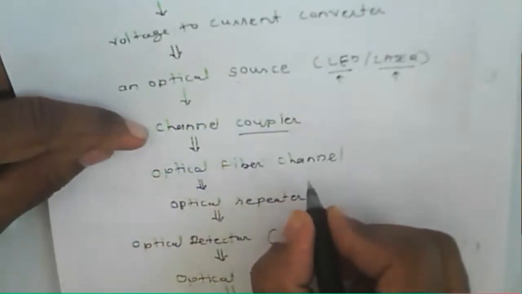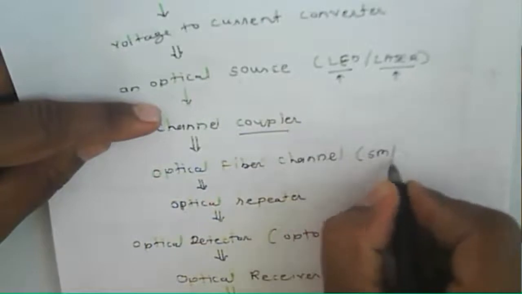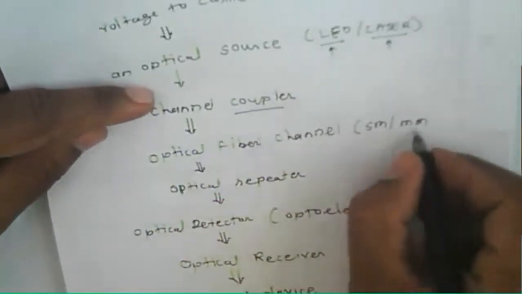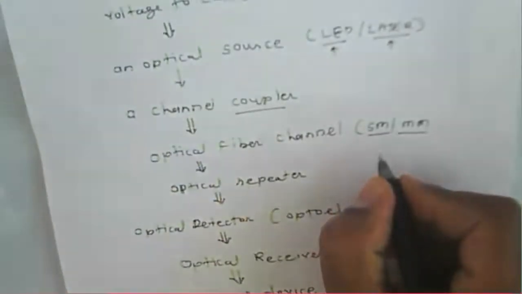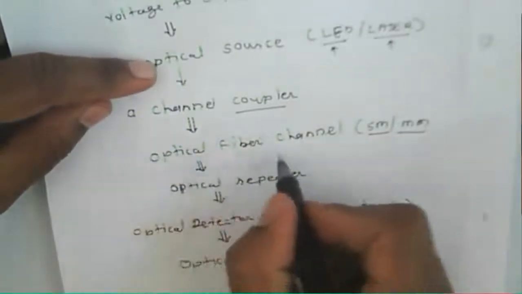When the light is propagating through the fiber, that fiber may be a single mode fiber or a multi mode fiber. We'll see in detail single mode or multi mode fiber, or a step index fiber or a gradient index fiber.